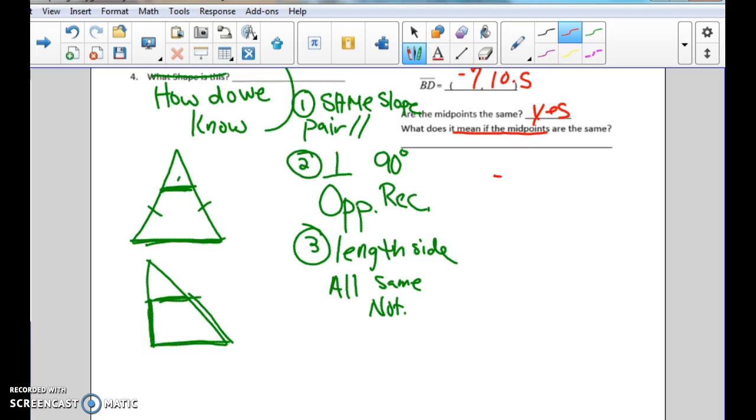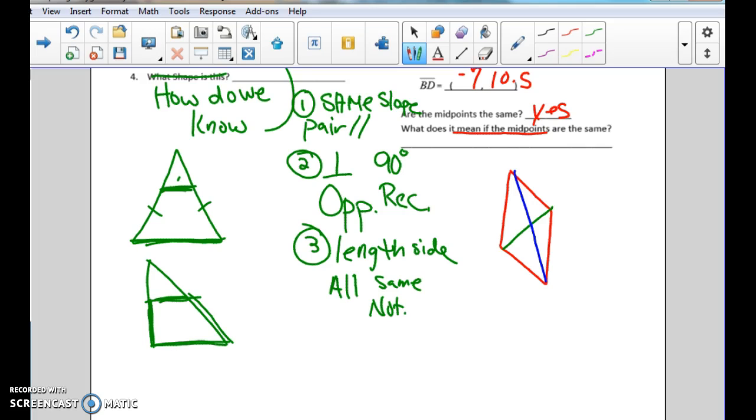If I have a parallelogram, let me write it like your shape. Is this diagonal the same length as this one right here? On a parallelogram, are those diagonals the same length? No, one's longer than the other one.